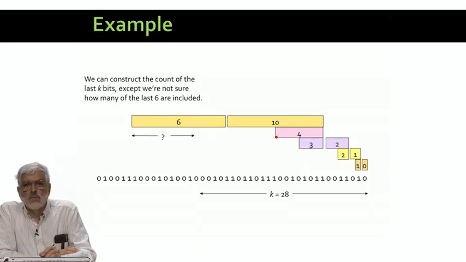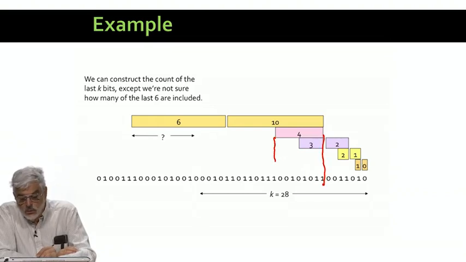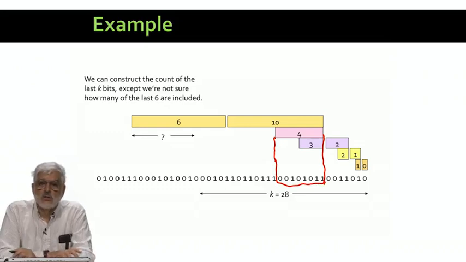We see one block of length 8. Its count is 4, because it represents these 8 bits.